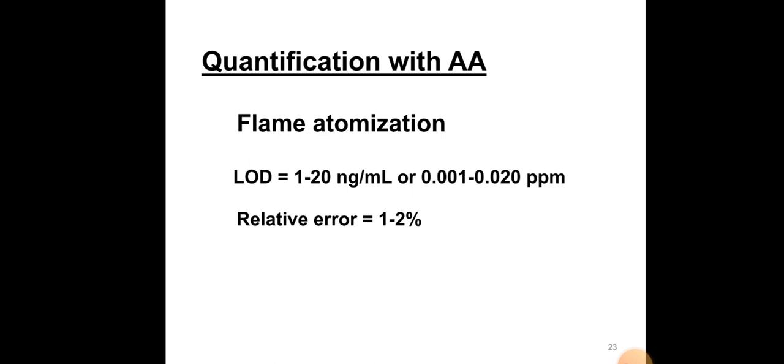So the LOD or detection limit of the sample is in this region, and its relative error is 1 to 2%. That is a very, very good result for this method. It means that the reproducibility, the repeatability of the method is good. The standard deviation of it is very low.